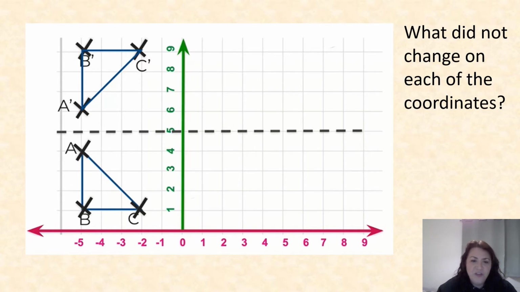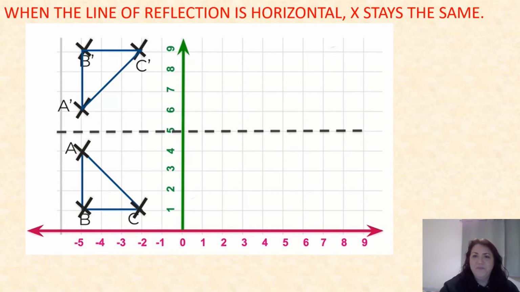I think we can do this without writing out all the coordinates. If we look at A and B here, they're both on -5, and A dash and B dash are also both on -5. So the x-axis hasn't changed there. And on C, down here it's on -2, and up here it's also on -2. And of course that x-axis comes first. So the x-axis hasn't changed this time.